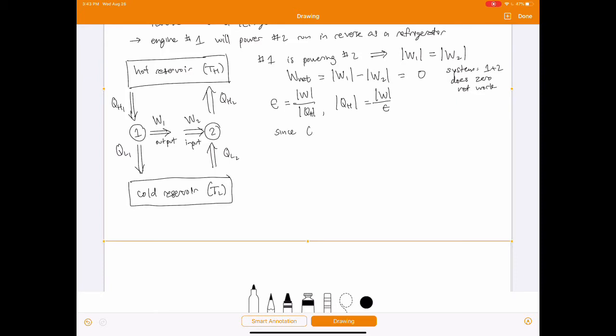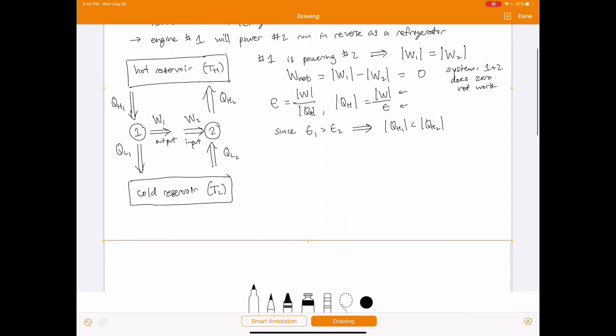Since efficiency 1 is bigger than efficiency 2, that's what we're assuming, right? If the work is the same and the efficiency is bigger, that means QH is going to be smaller. Okay, in other words, QH1 is going to be less than QH2. Because again, the same amount of work, but epsilon is bigger for 1, so that's what we get.